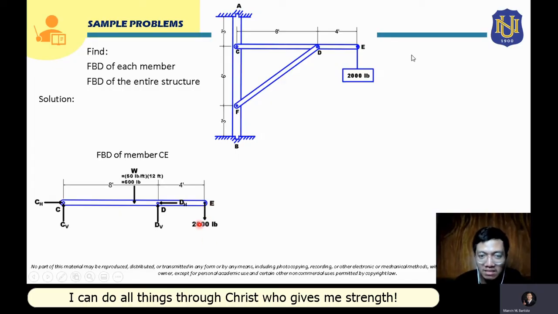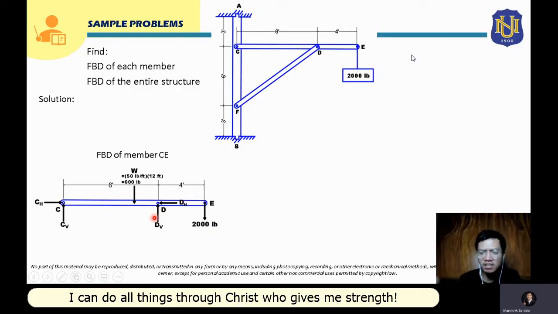If this is pressed downward, this part will actually move to the right, so it has to be resisted by DH, directed to the left. Your DV also, since it will be pulled downward, should be upward. So your assumption here will be upward.